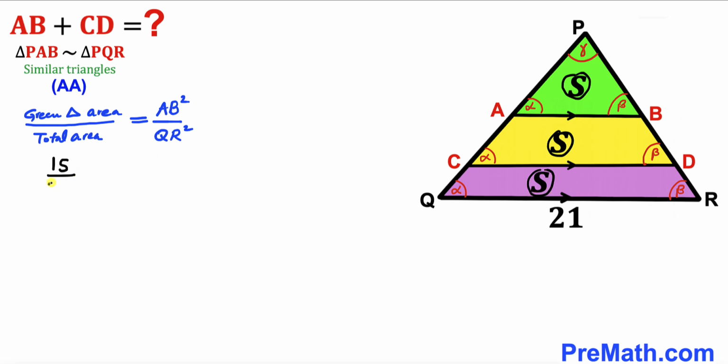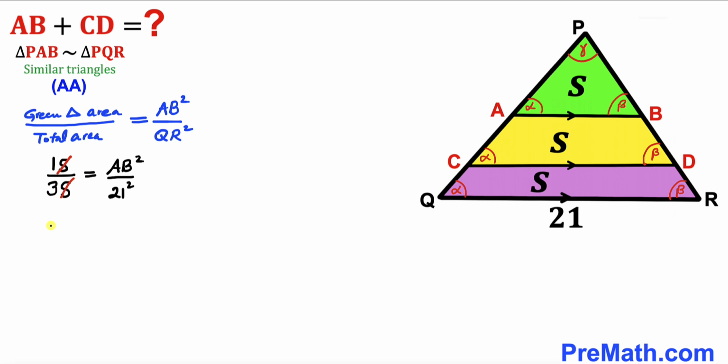So I'm going to write down 3 times S equals this segment AB squared divided by segment QR squared, which is 21 squared. And here we can see this S cancels out with this S, and we know 21 squared is simply 441.